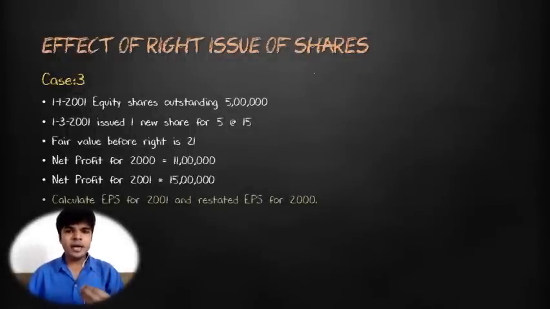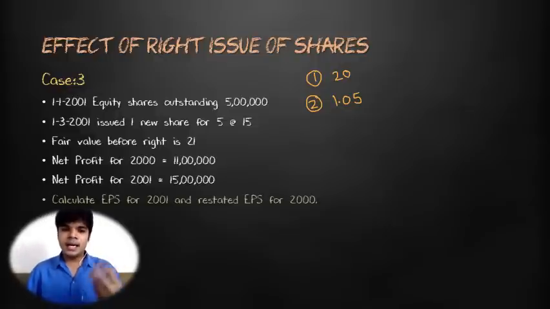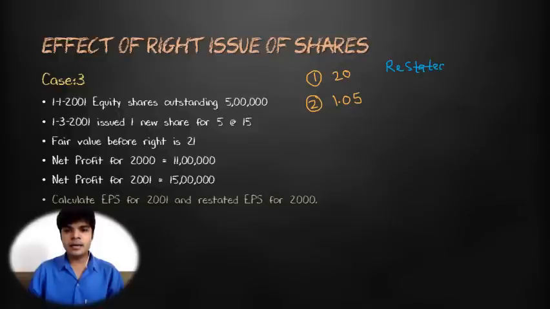Now after finding out the answer of the two basic steps, number 1 is theoretical ex-rights price, which we found rupees 20, and number 2 is adjustment factor, which we found 1.05. Now it's time to find out the EPS. Let us first find out restated EPS for the year 2000. Now what is the profit for 2000?